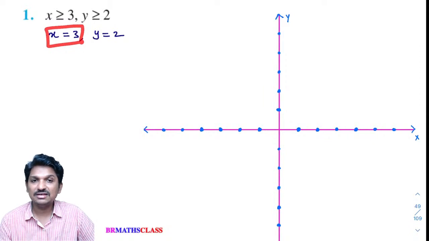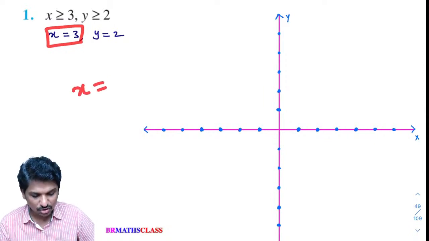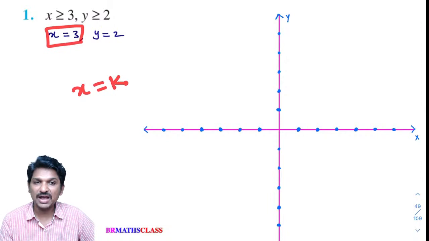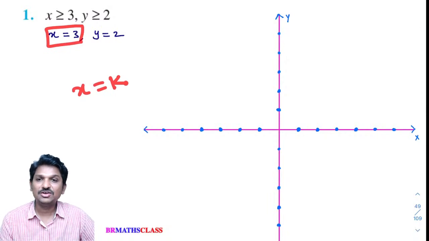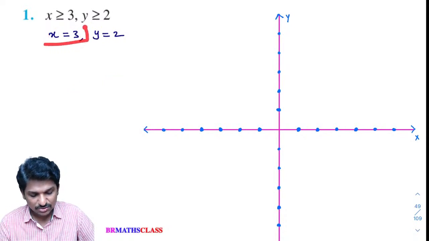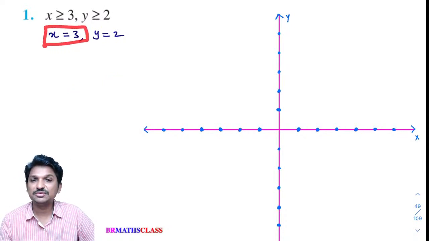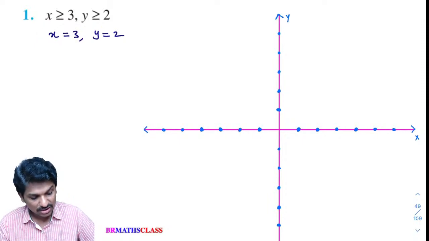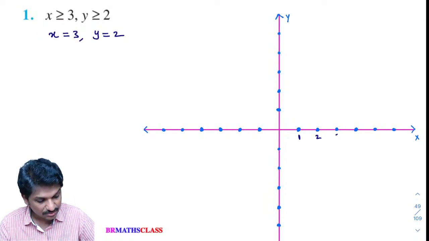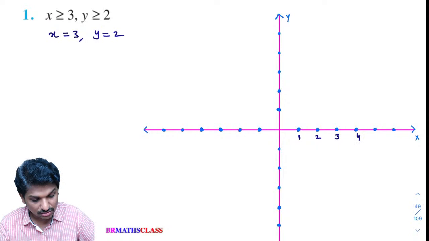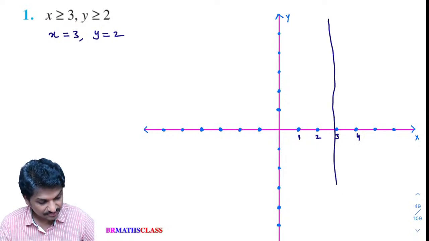Now I need to draw the line x equal to 3. In the last class, I explained in the beginning, x equal to k is a straight line which is parallel to the y axis. Here x equal to 3 is a straight line which is parallel to the y axis. So if we draw the diagram for this, it will come like this. 1, 2, 3, 4. The x equal to 3 line, if you draw, will be like this.